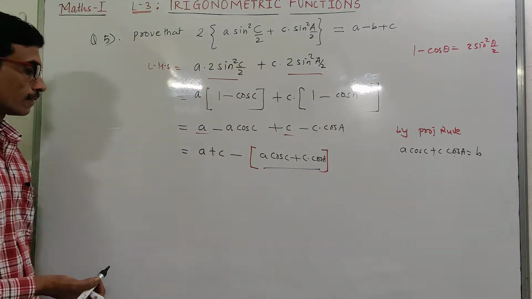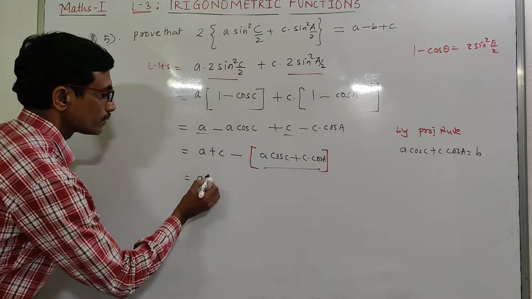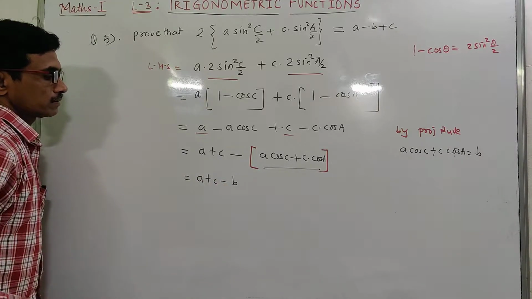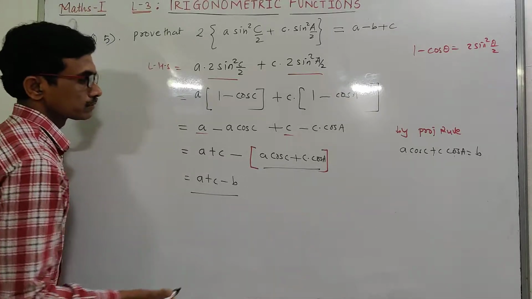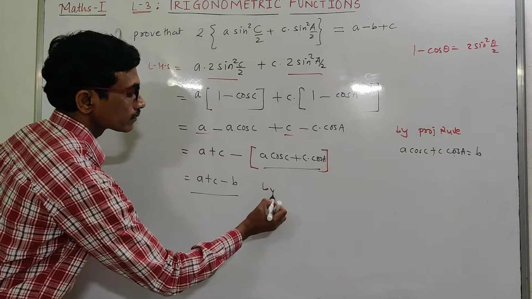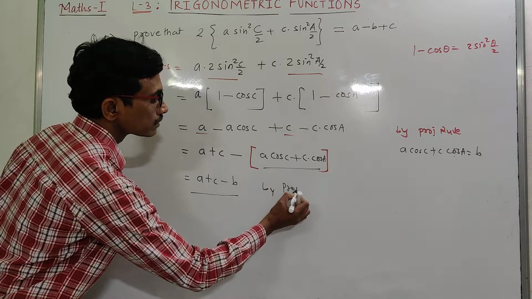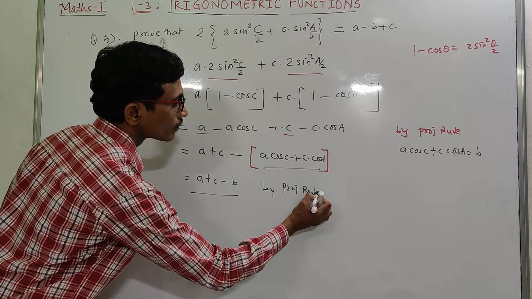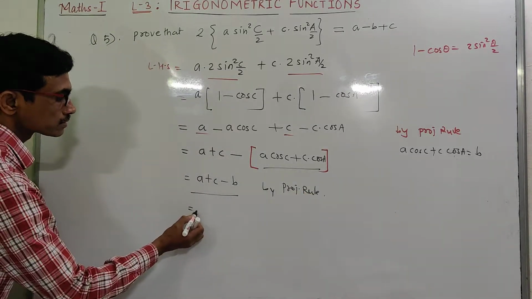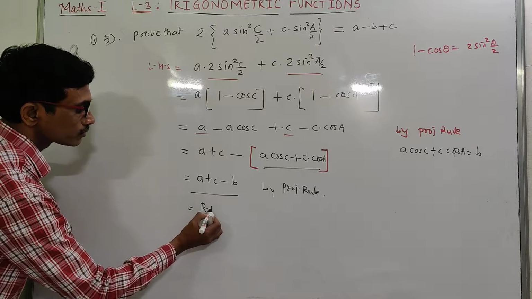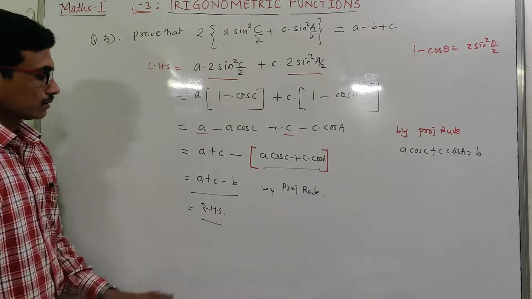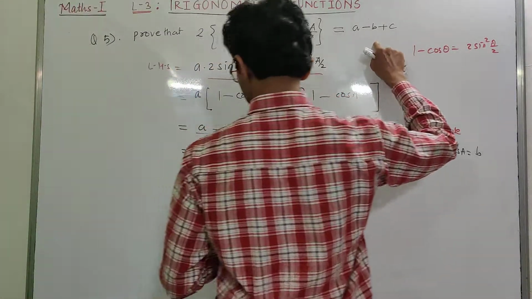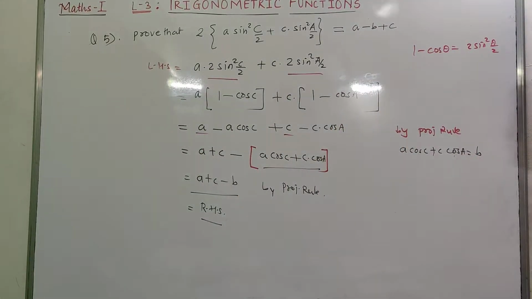B. So it is A plus C minus B. This is by projection rule. And which is RHS to be shown. A minus B plus C, RHS.